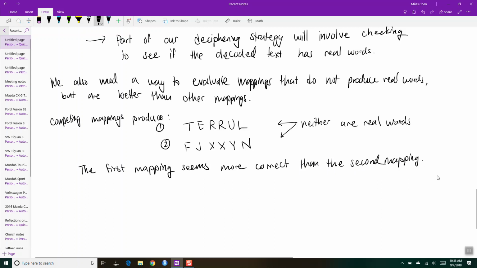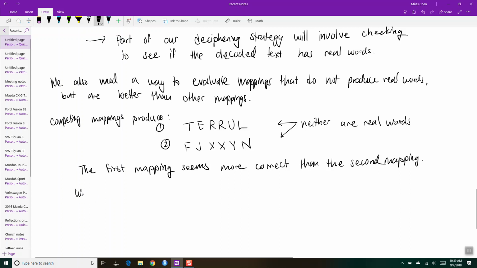Because we're used to seeing T followed by E and E followed by R. Those seem fine. But to see F followed by J and J followed by X, I can't think of very many words in the English language that have that kind of sequence of letters, right?